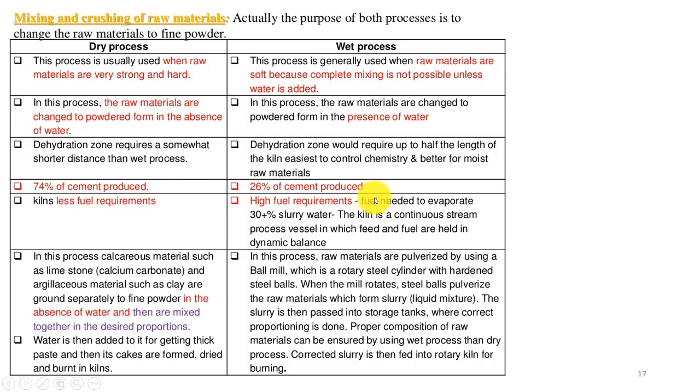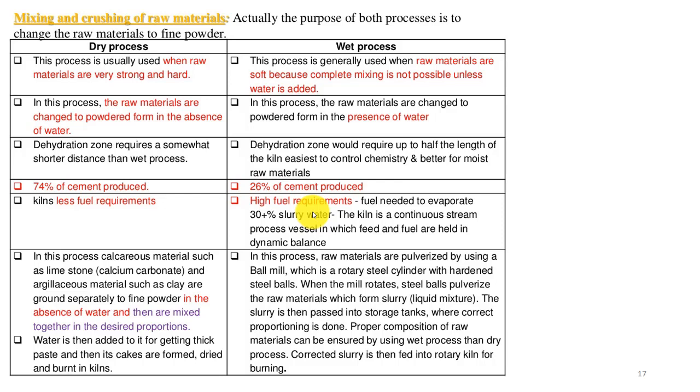On the other hand, the wet process may be used for grinding material in the manufacturing of cement. So it's a primitive method. The dry method is energy efficient. Low fuel is used. On the other hand, the wet method is not as energy efficient as the dry method.